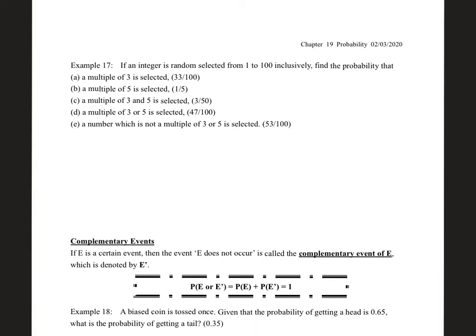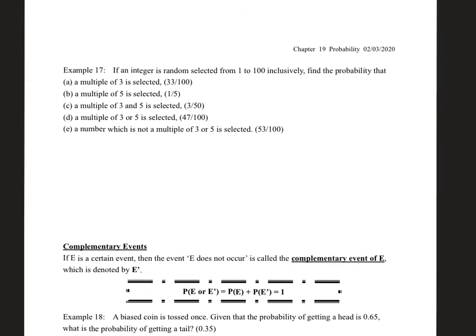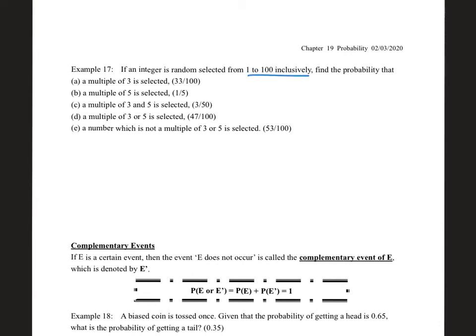Then we end the idea with a question about multiples, right? Okay, let's do it together. You are going to consider 100 numbers, 1 to 100 inclusively. In part A, a multiple of 3 is selected. That's 3, 6, 9 until 99, and these are the favorable outcomes.